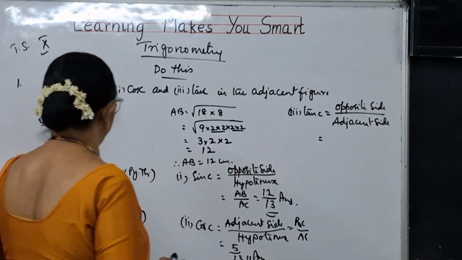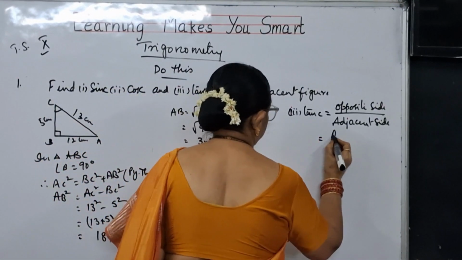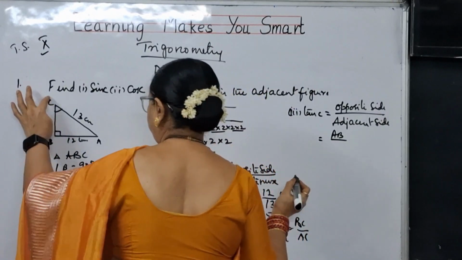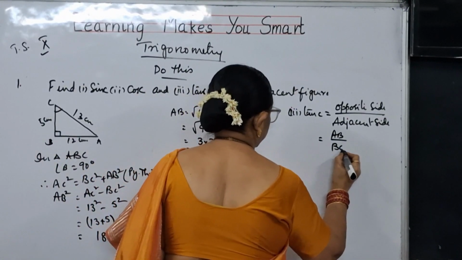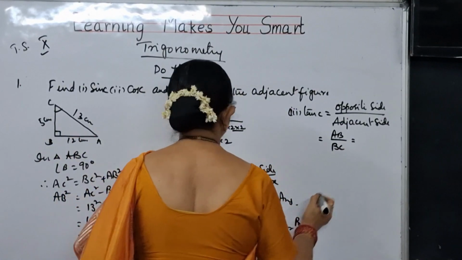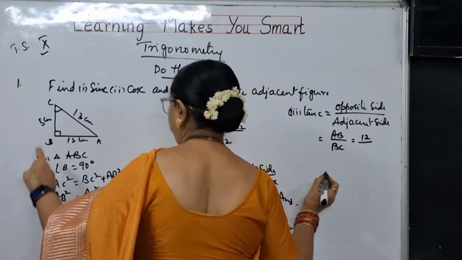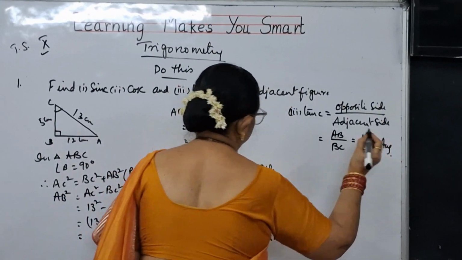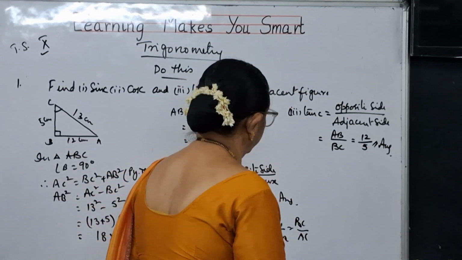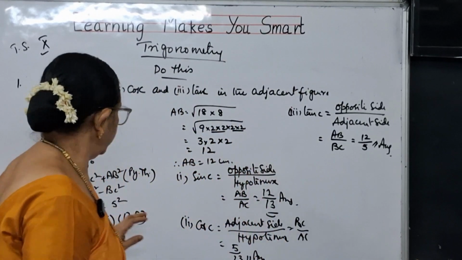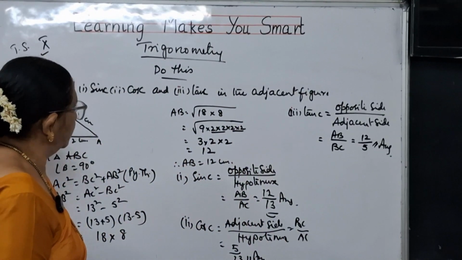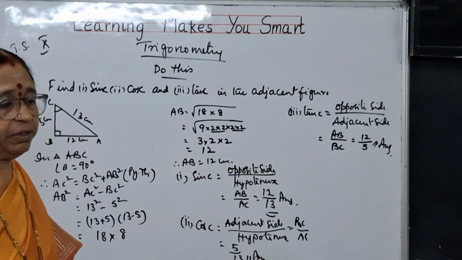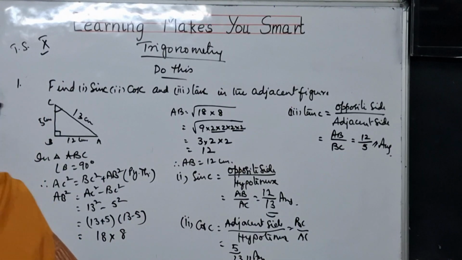That is AB. Adjacent side is BC. So AB is 12 by BC is 5. This is the answer, children. So this is the sum of first one, children. I hope I am clear. Please copy it.